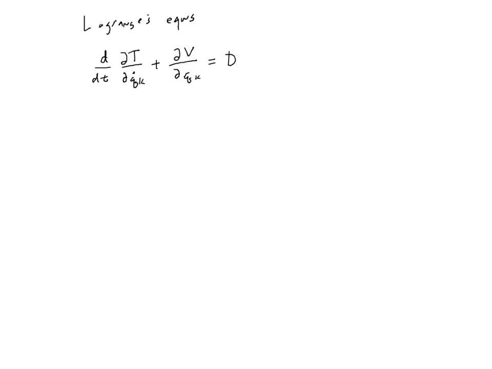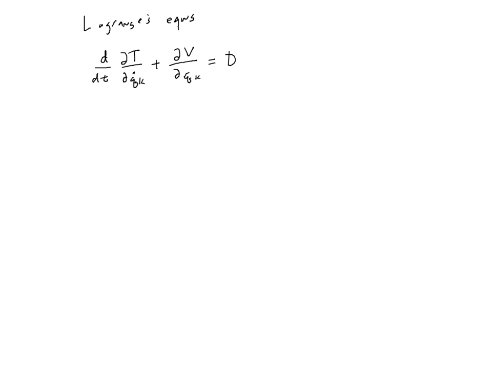Well, the thing is that the potential doesn't depend on velocity, and the kinetic energy doesn't depend on position. So you don't really need to have all that in there. So this is kind of a simplified way of writing the Lagrangian.